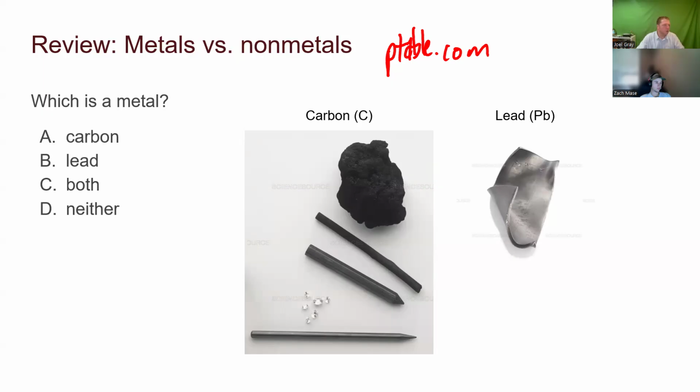Three, two, one, zero. Okay, so the majority of the class, 75%, answered B, lead, and you're absolutely correct. One of the things I was alluding to with respect to the periodic table is that your metals are on the left side, whereas your nonmetals, Nm, are on the right side of the periodic table.